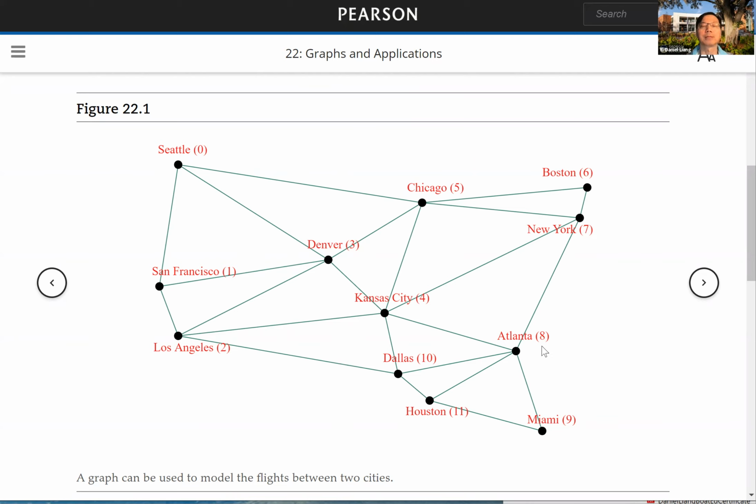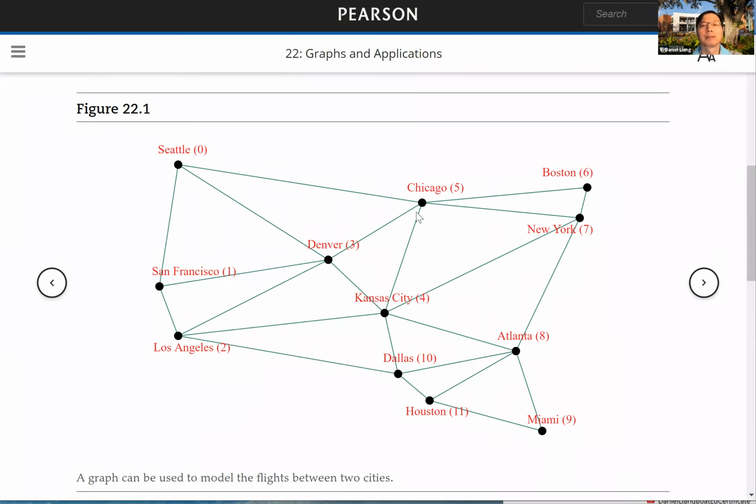So this is a map represented using a graph consisting of vertices. So here, the cities are vertices, and the edges are the lines connecting the cities.